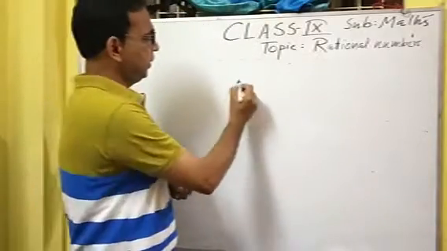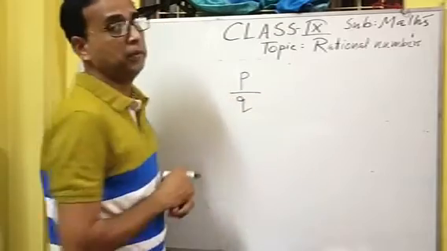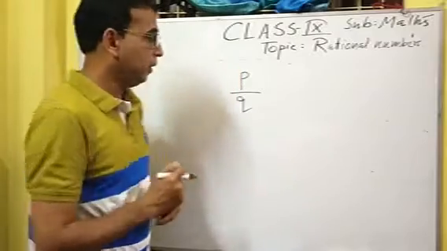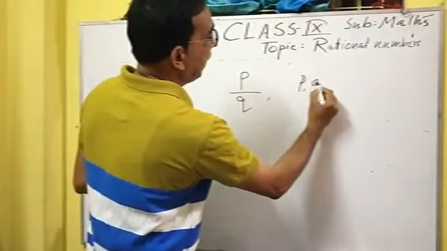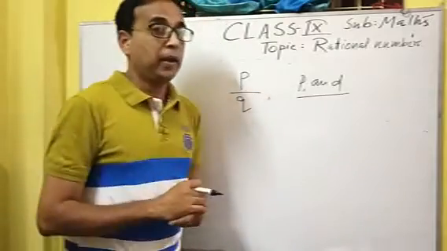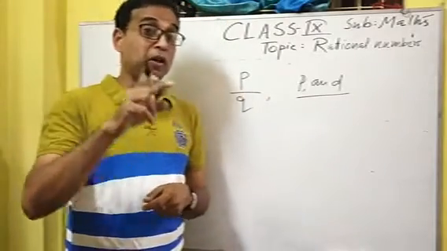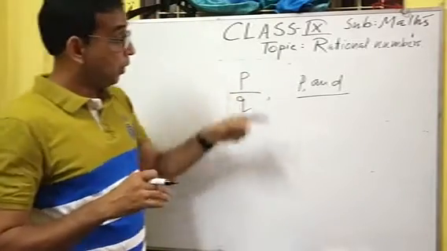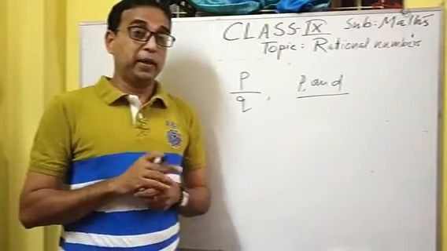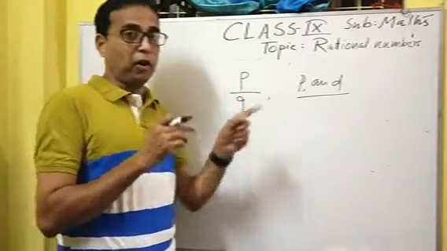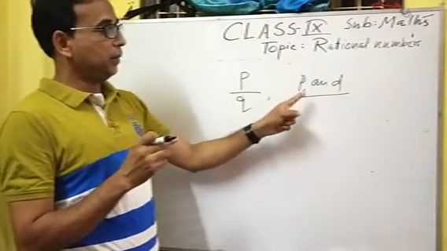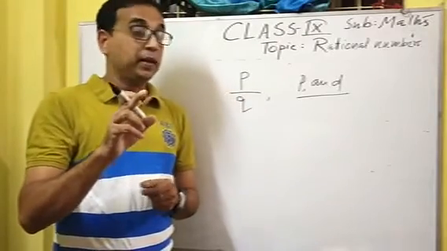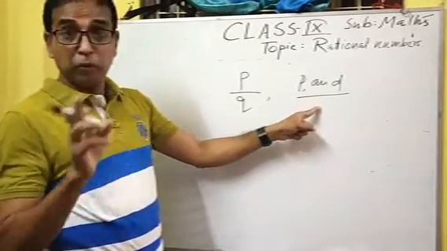A rational number p by q is said to be in its simplest form if the integers p and q have no common factors other than 1, and q is not equal to 0.